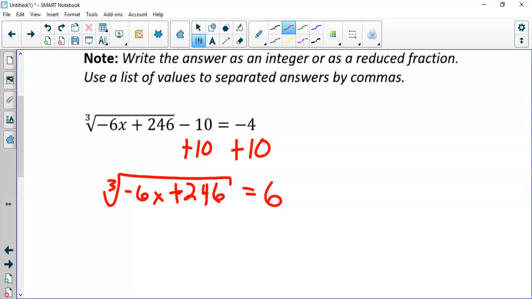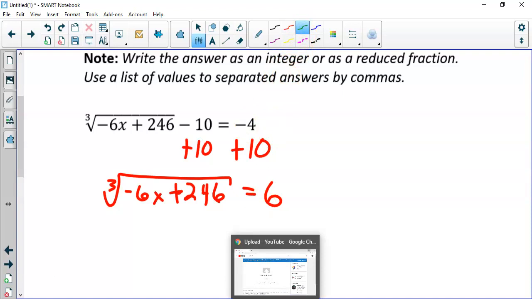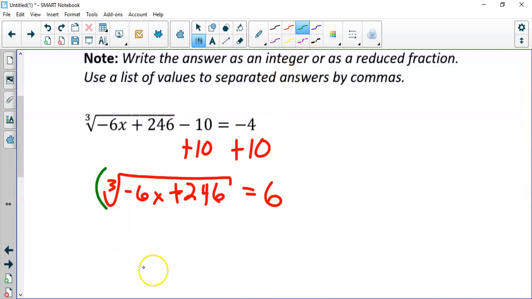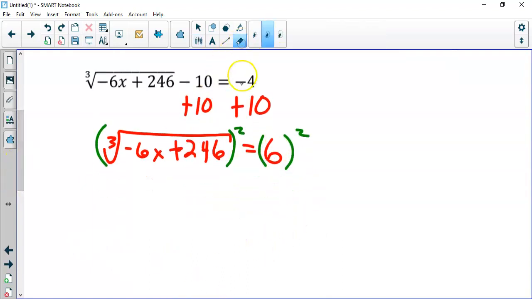Once the radical is by itself, all you're going to do is raise both sides to a power, and that power is whatever's on the radical. My radical is a cube root, so what am I going to raise both sides to? A power of 3. Sorry, not squared, cubed, because it's a cube.